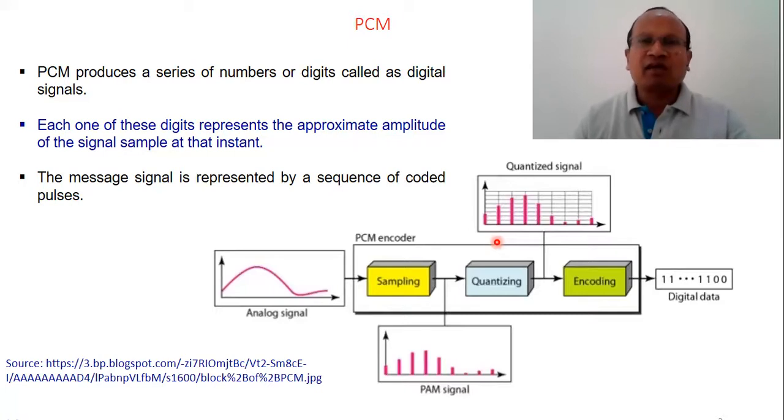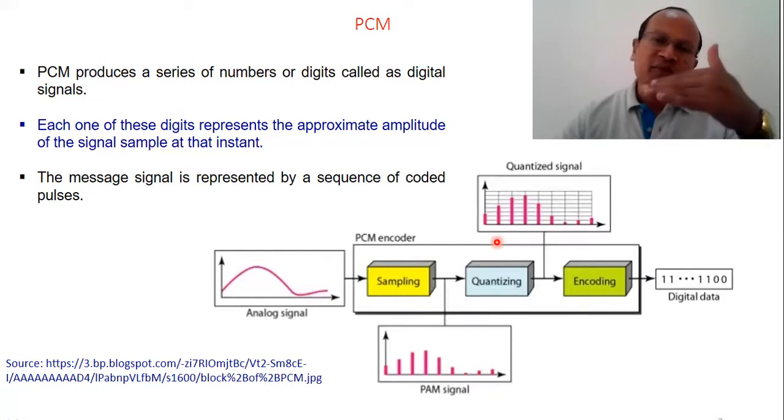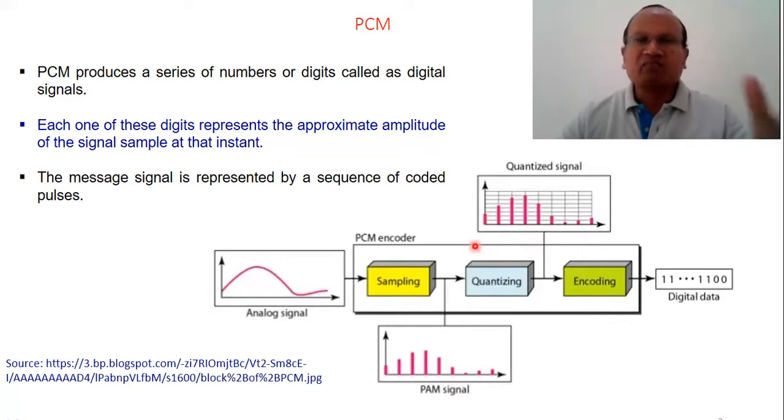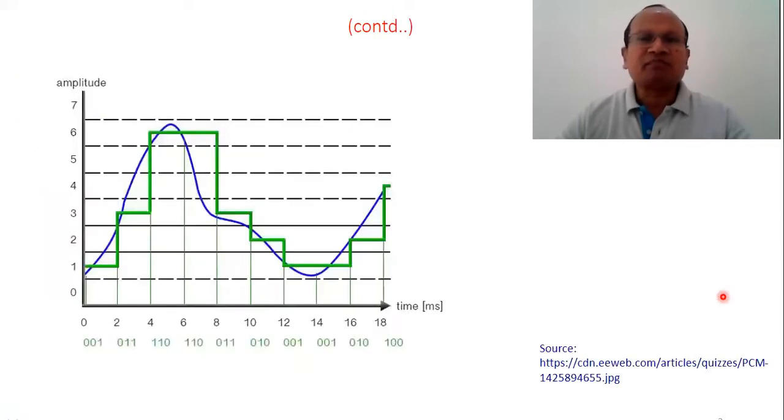This is why we quantize the signal: so that all the samples are brought to certain levels, which can be compared with the bit numbering assignments. And then it goes to encoding, where we get the output as a stream of bits.